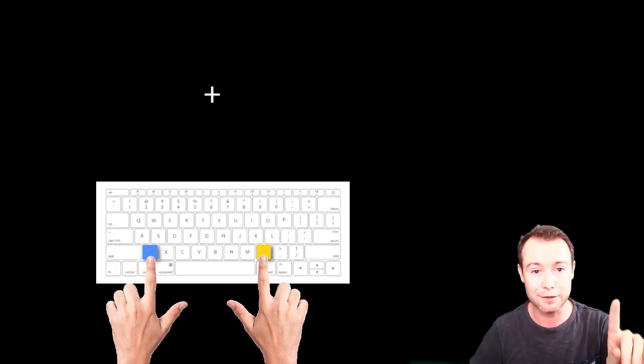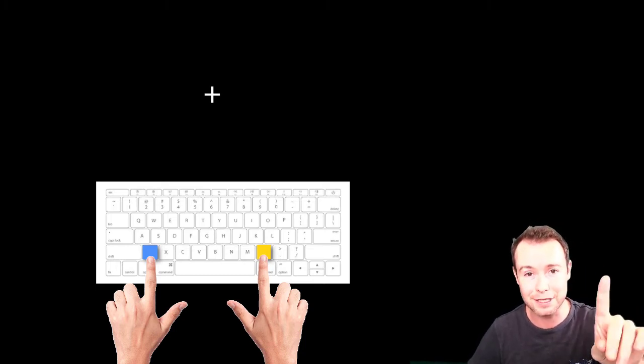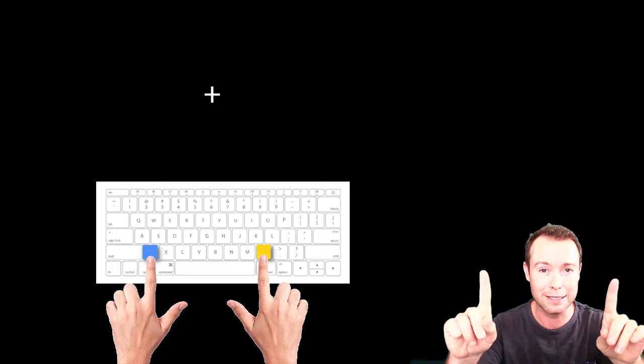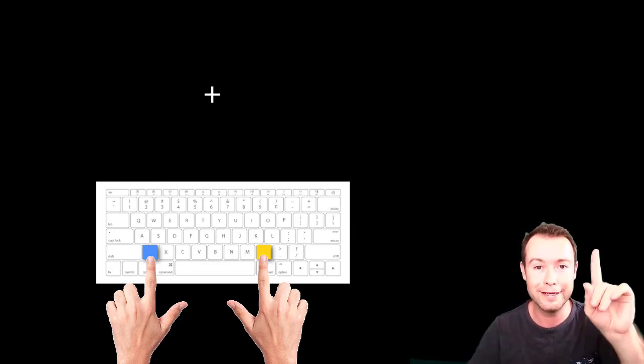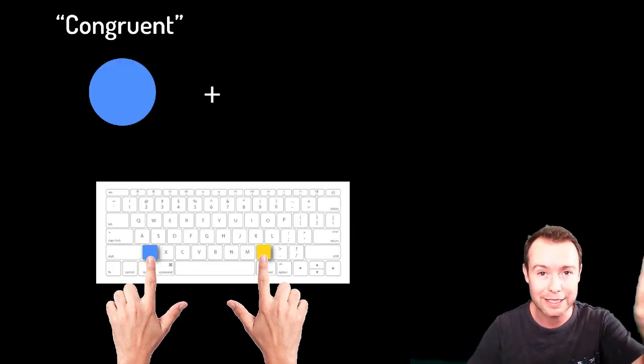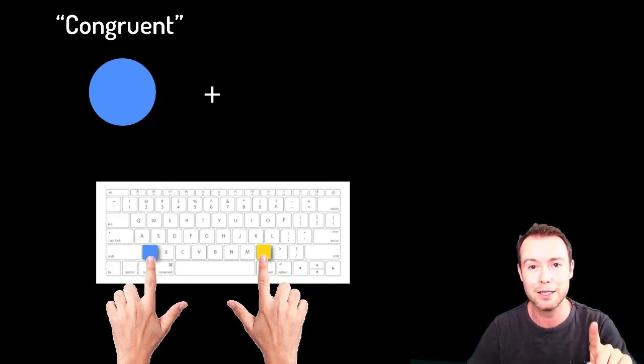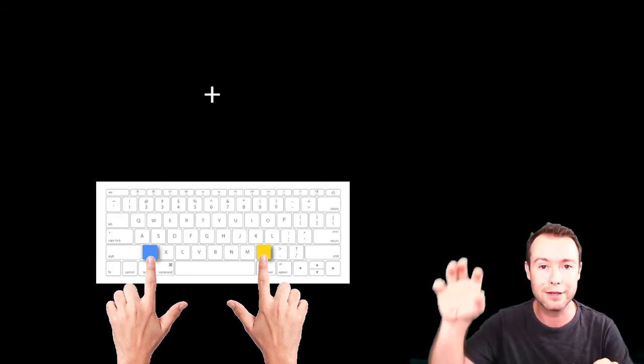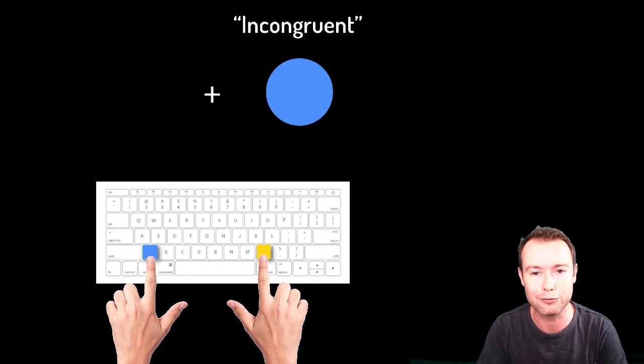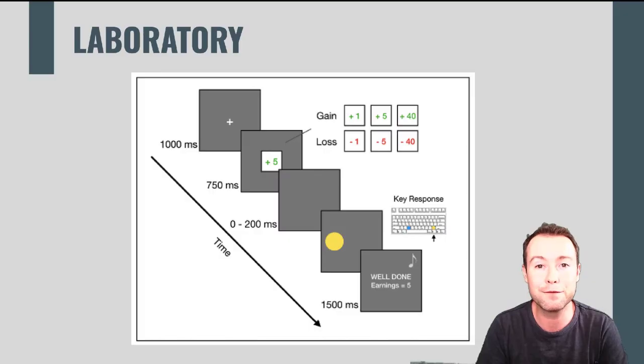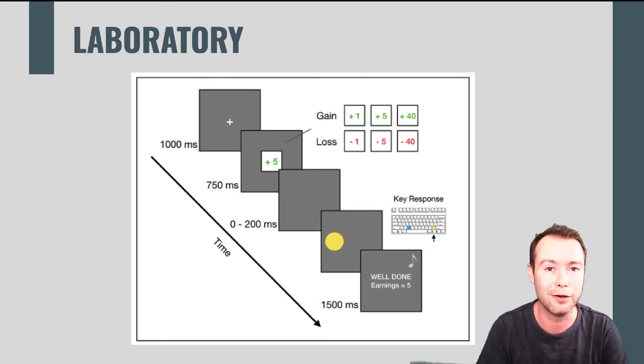So if our left index finger is over the blue key and our right index finger is over the yellow key, when the blue circle appears on the left hand side, we're faster to respond to it than if the blue circle appears on the right hand side.